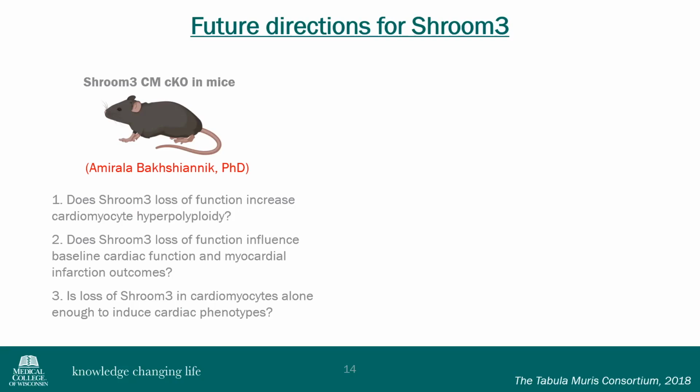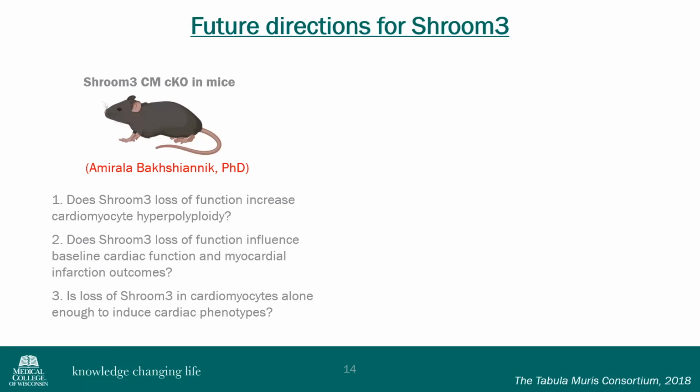They are testing cardiomyocyte specific conditional knockout mice for SHRM3. And we're asking if the loss of SHRM3 in cardiomyocytes specifically will increase cardiomyocyte hyperpolyploidy, and what it will affect in baseline cardiac function and myocardial infarction outcomes.